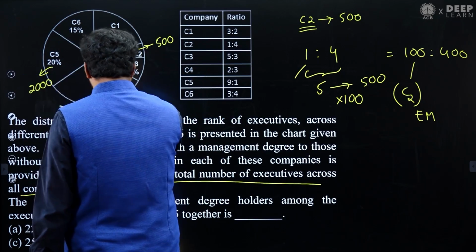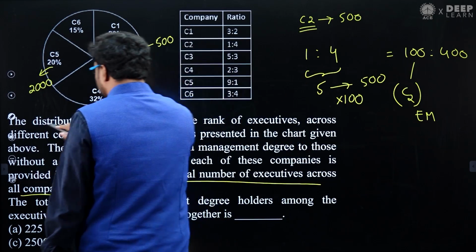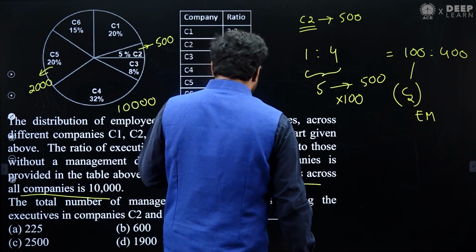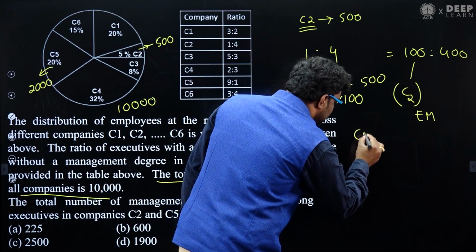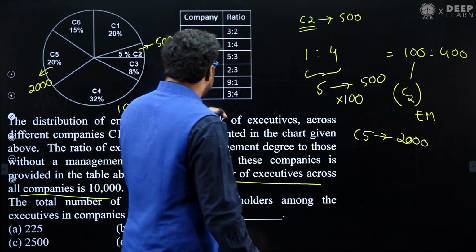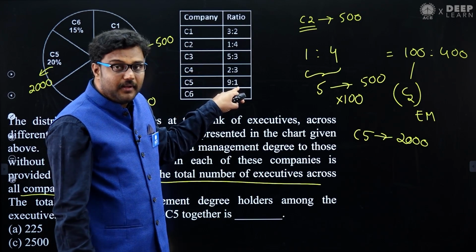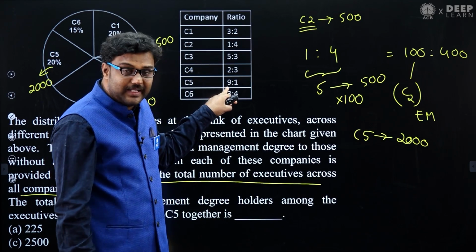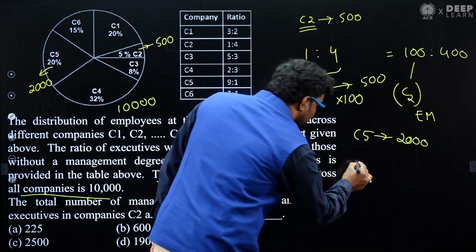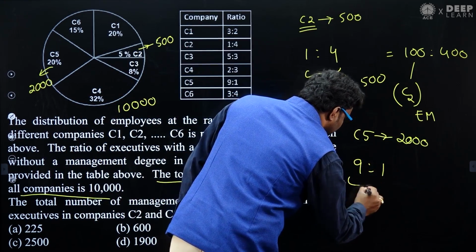Then we should think about company 5, my dear friends. In company 5, the total is 2000, we know. In company 5, the number of executives with a management degree to without a management degree is 9:1. So 9 plus 1, we know it's 10.